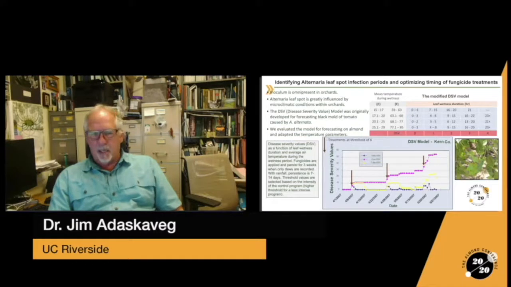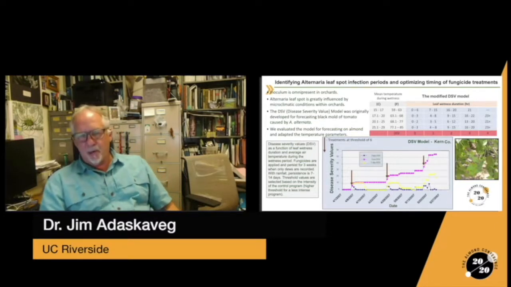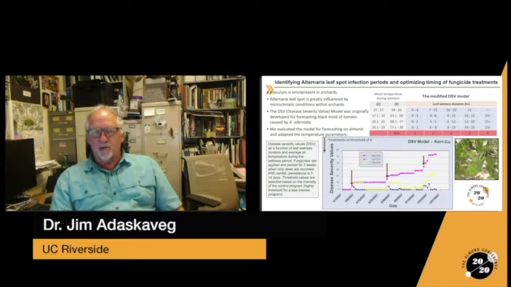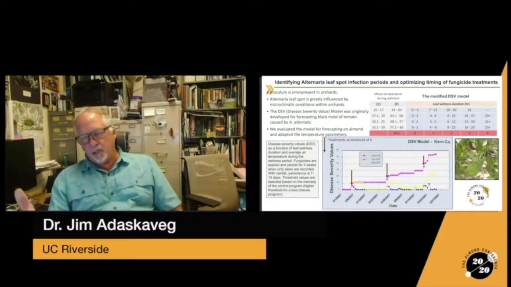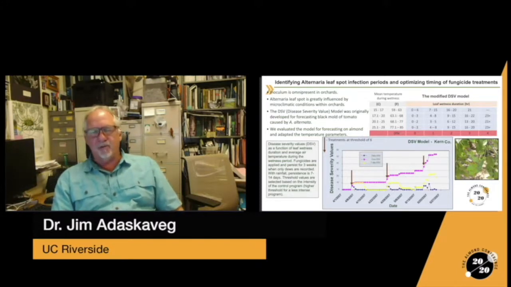If there are longer wetness periods of 16 hours, 9 to 15 hours, and so forth for the different temperatures, we end up with a DSV index value of 2. You can see these values go up, and if it's wet 24 hours in a day, then you get a DSV value of 4.